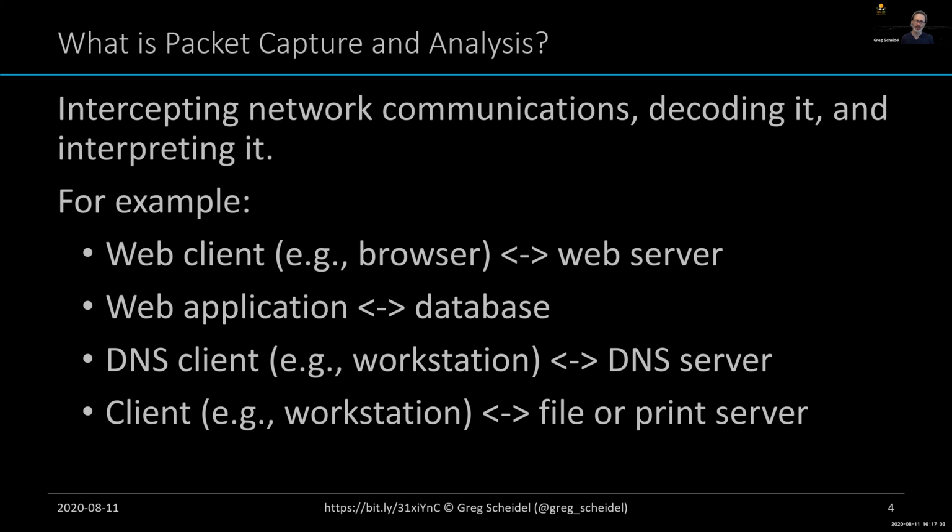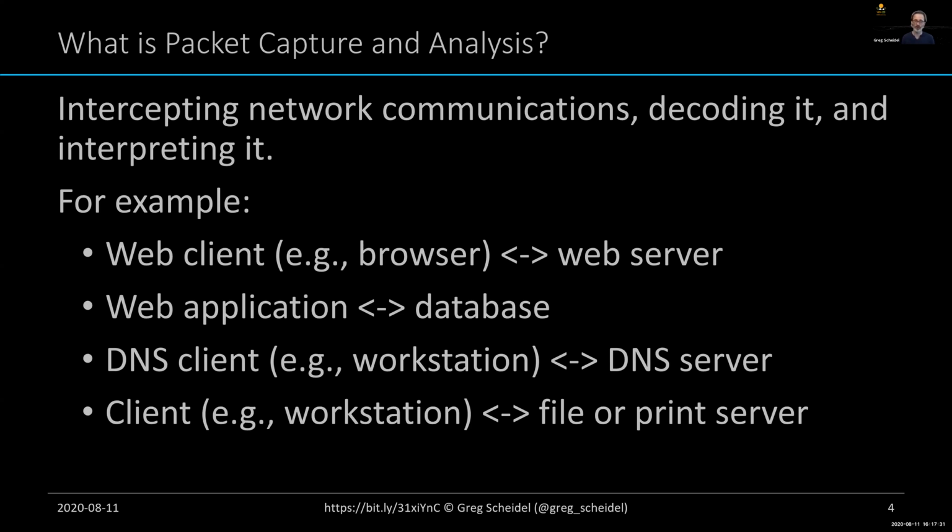Intercepting that network communications means grabbing it in between point A and point B, figuring out what it actually means and getting useful information out of it. There's some examples on screen here: a web client to web server, the application going back to its database, your DNS client when you type in a name and it gets resolved to an IP address, or vice versa, going out to a DNS server and the response coming back.